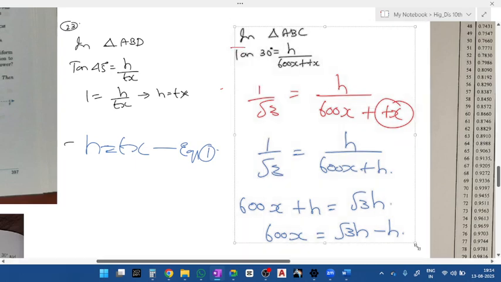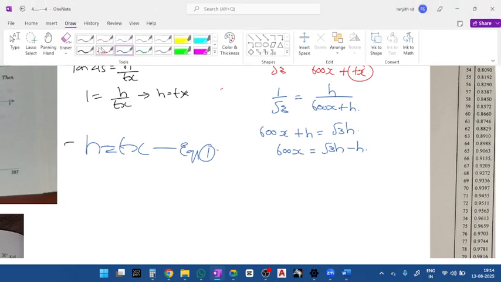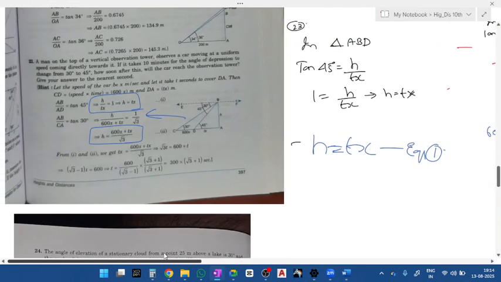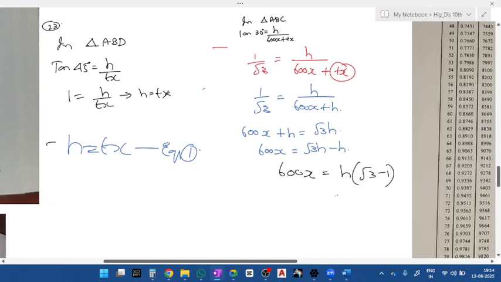What is common? First answer, students. Later I'll give time to make a note of it. What is common here? H is common. In bracket, we get root 3 minus 1.